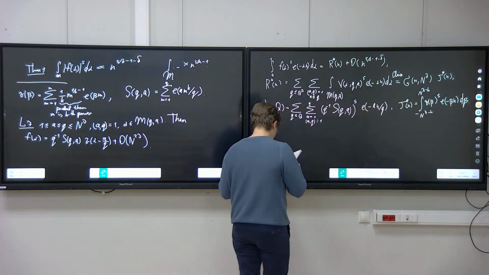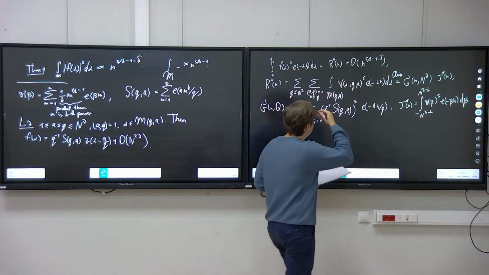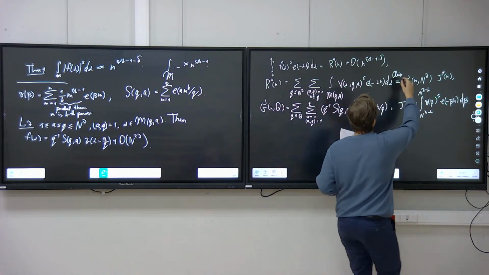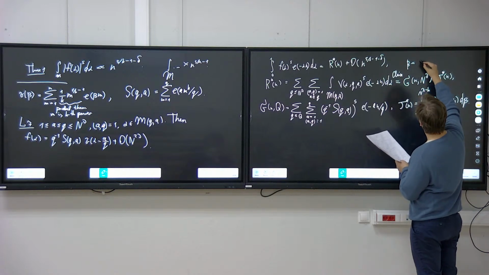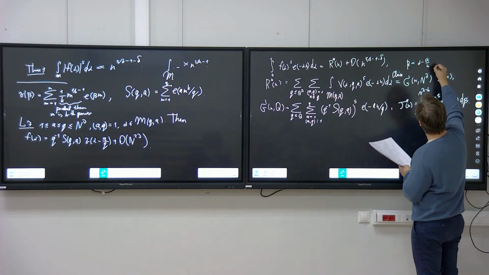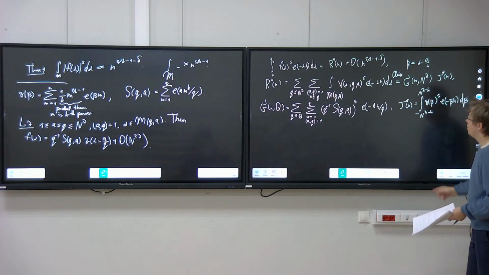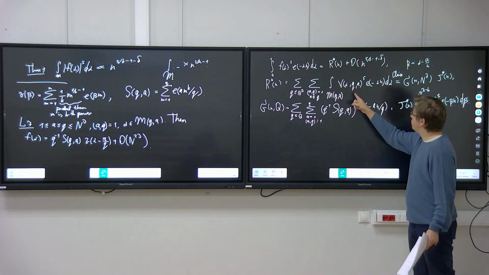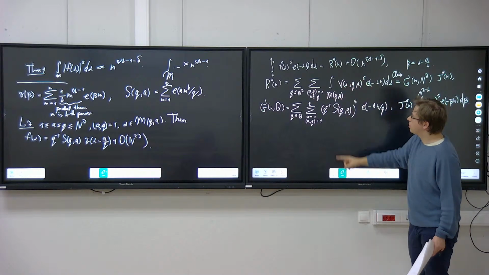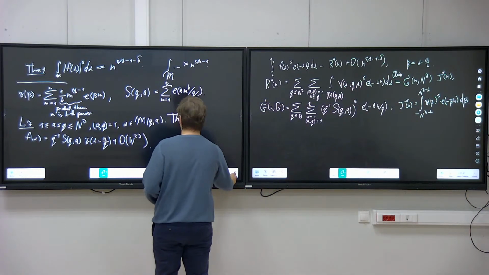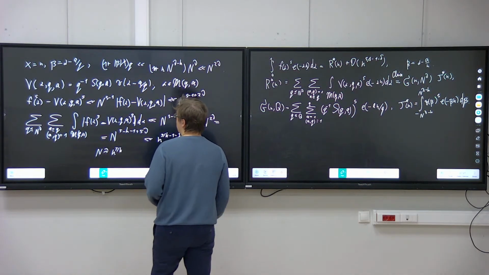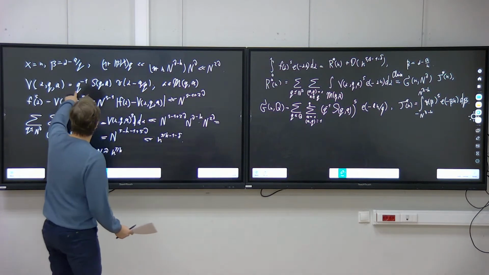Okay, and how can we see it? Just change variables: let beta be alpha minus a over q. If we make such a change in this integral, yes, v is like that.